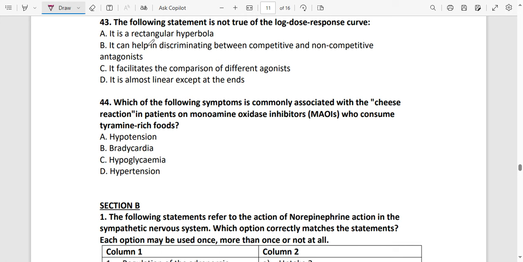Which statement is not true of the log dose response curve? It is a rectangular hyperbola. It can help in discriminating between competitive and non-competitive antagonism. It facilitates the comparison of different agonists. It is almost linear except at the end. Anyone that can help with this one? Which one of these is not true?